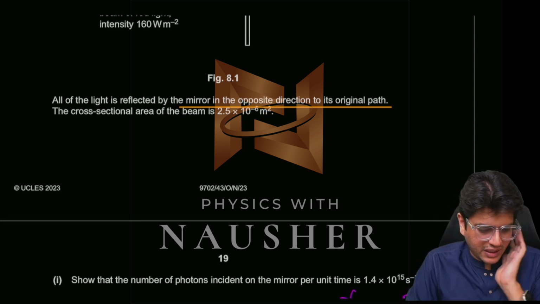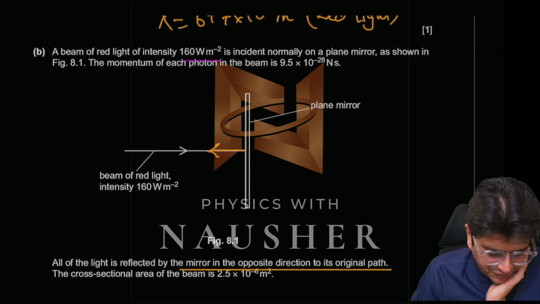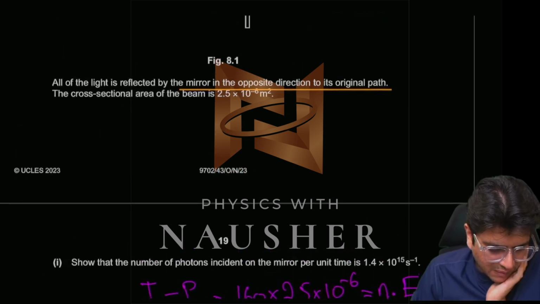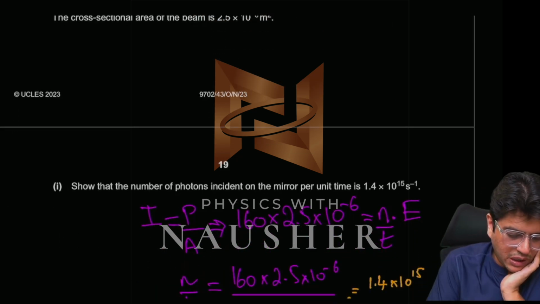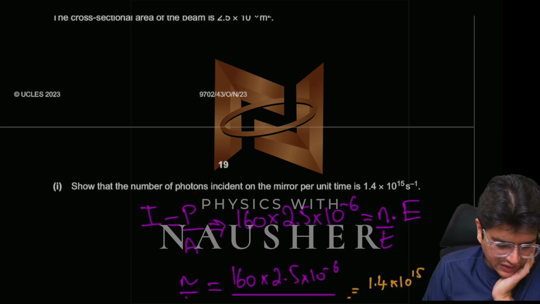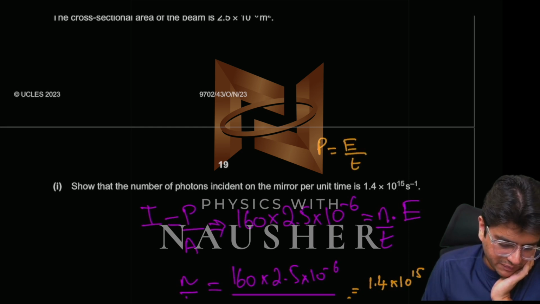So it has something to do with intensity. The number of photons. So intensity is power over area, correct? And if I break down power, I get energy per unit time, correct?